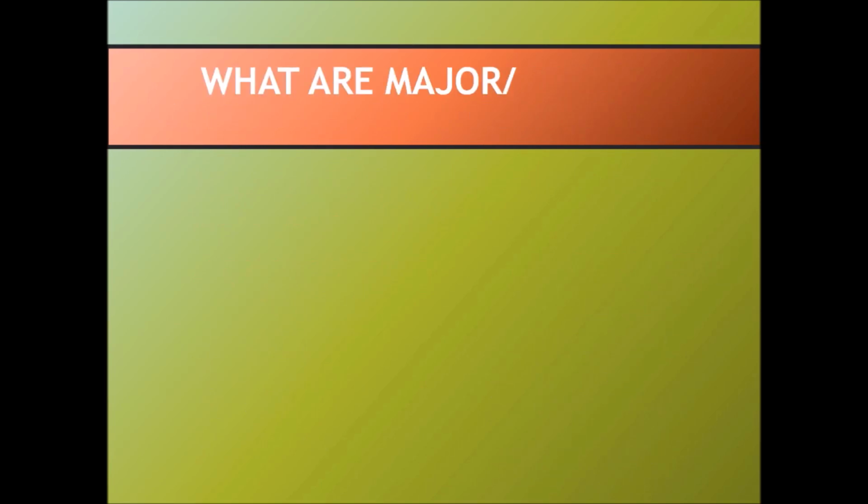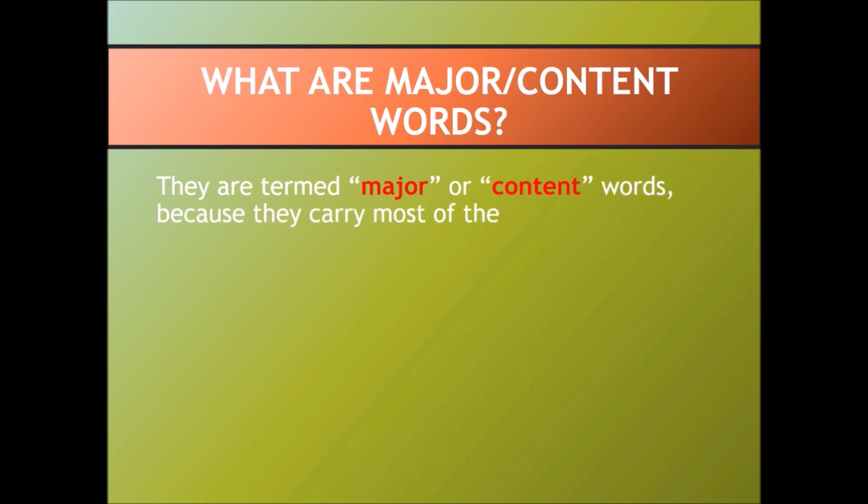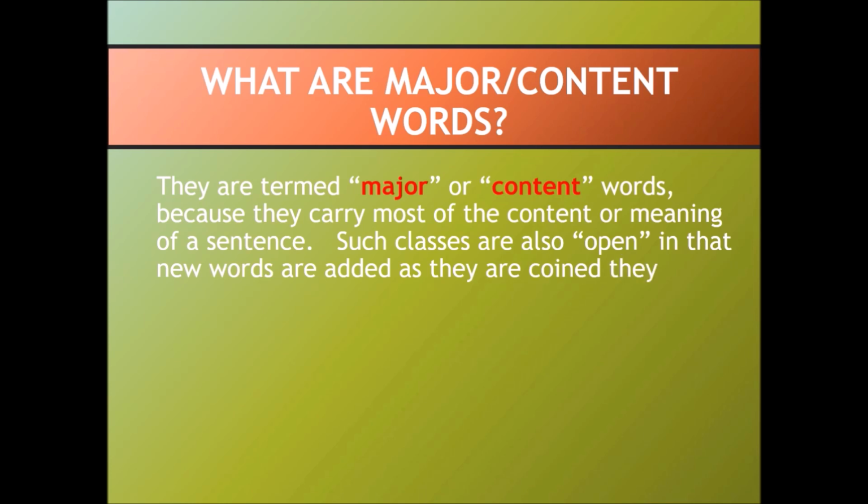What are major or content words? They are termed as major or content words because they carry most of the content or meaning of a sentence. Such classes are also open, and new words are added as they are coined.